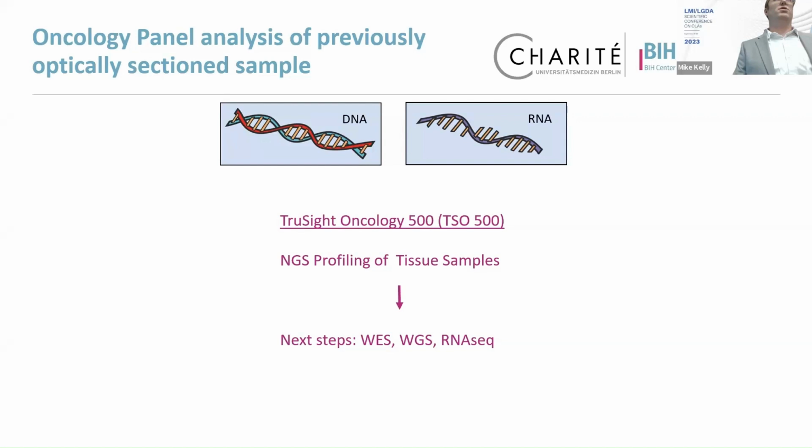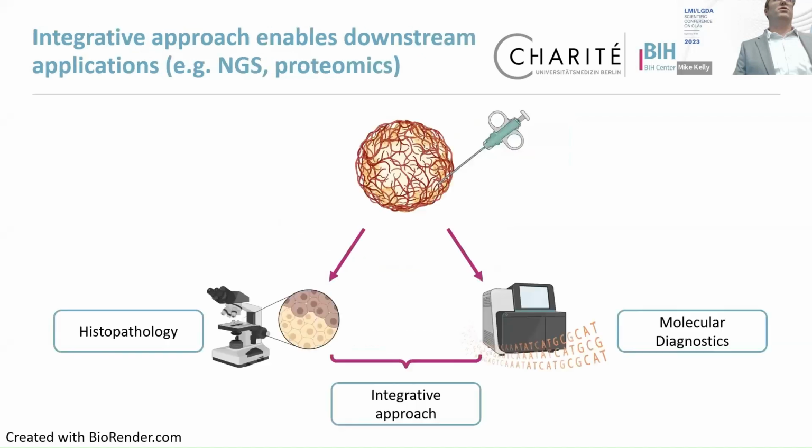And our next step, of course, is to use the same approach for exome sequencing or whole genome sequencing or total RNA-seq. And with this, I hope I could convince you that it's a very interesting and powerful approach to obtain as much information as possible from one and identical sample.